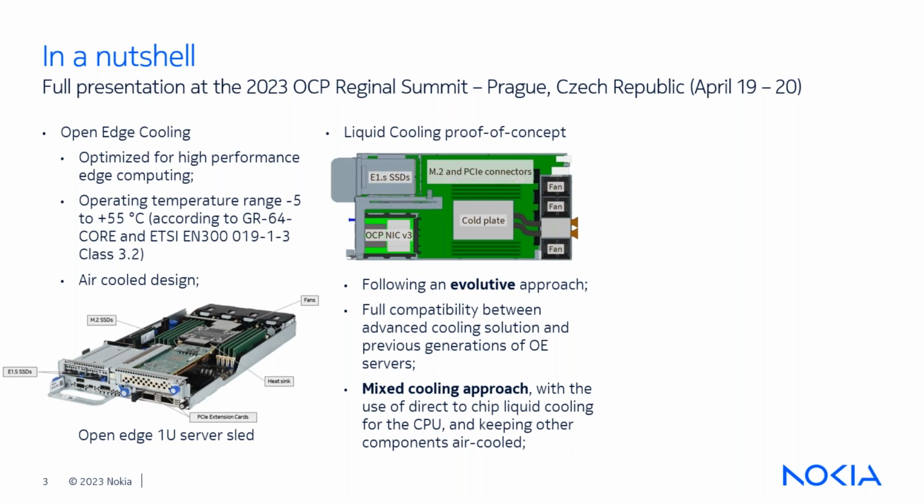So you could replace a liquid cooled chassis with an air cooled server. And we are also continuing to use a mixed cooling approach. We are mainly cooling the CPUs with liquid cooling in this proof of concept, and the rest of the components on the server sled are cooled by the fans using air cooling.